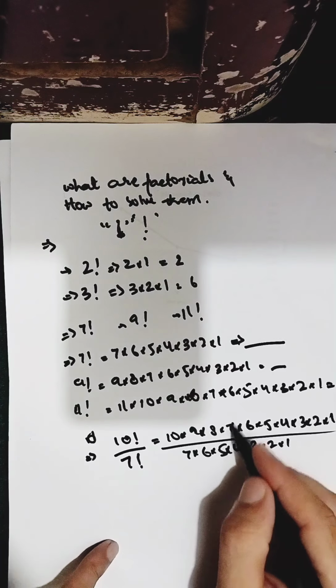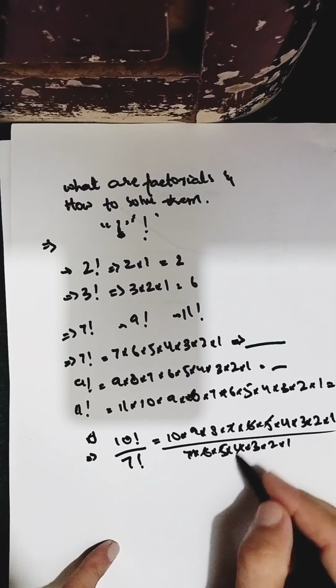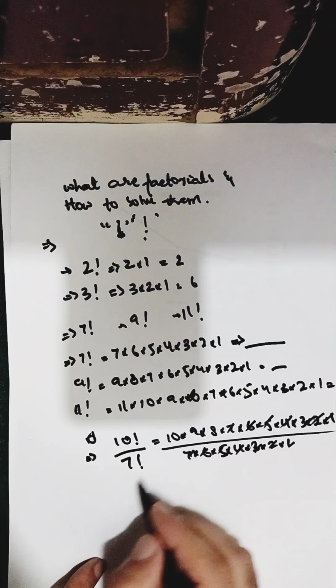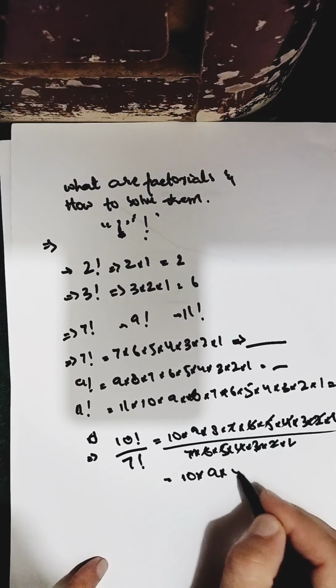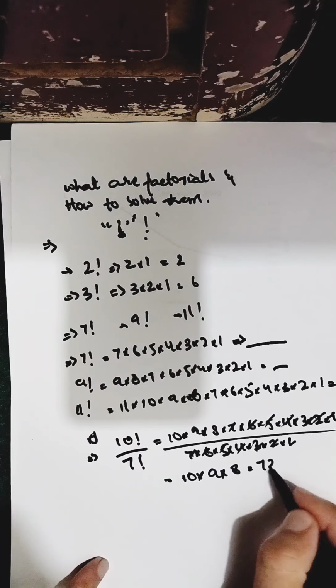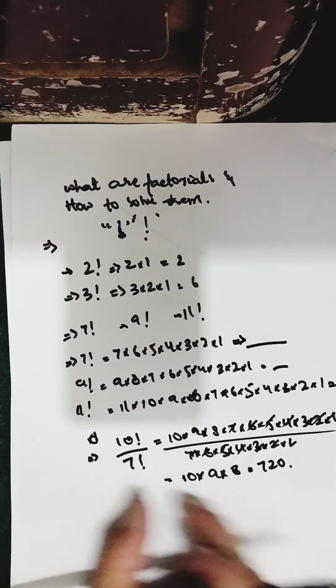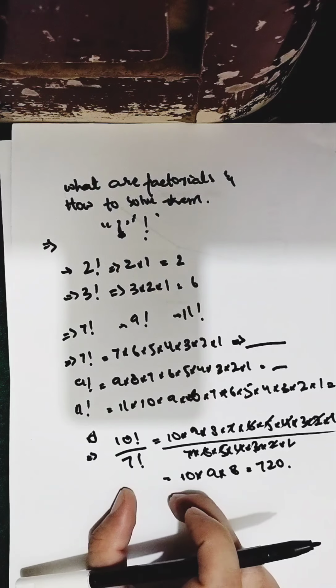In division we always cancel out the common parts, so you cancel all these parts. So you have the answer 10 multiplied by 9 multiplied by 8, which is 720.